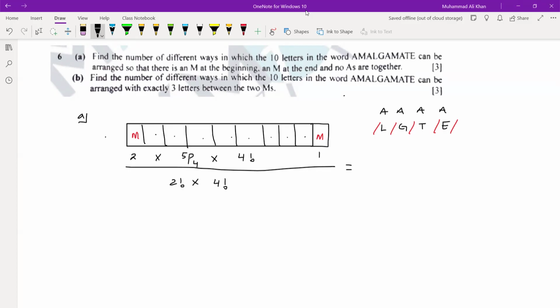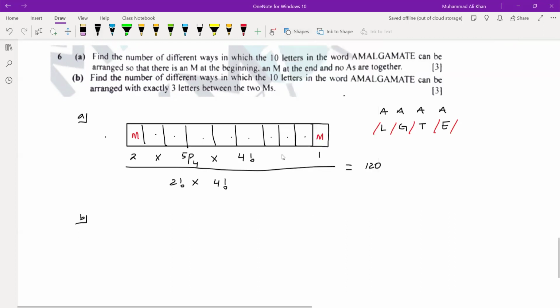And by this, we are getting the result. And the result is 120. Now, in the B part, find the number of different ways in which the 10 letters in the word amalgamate can be arranged with exactly 3 letters between the 2 M's. Exactly 3 letters between the 2 M's.